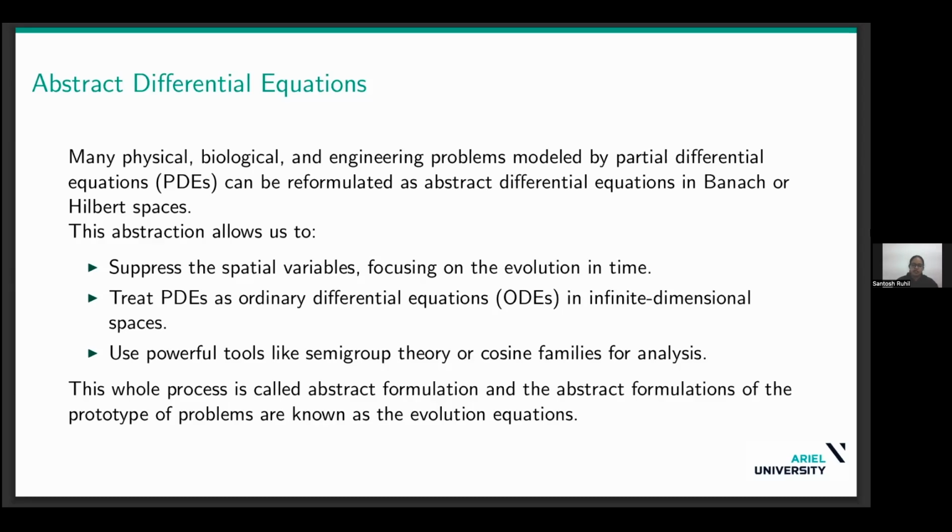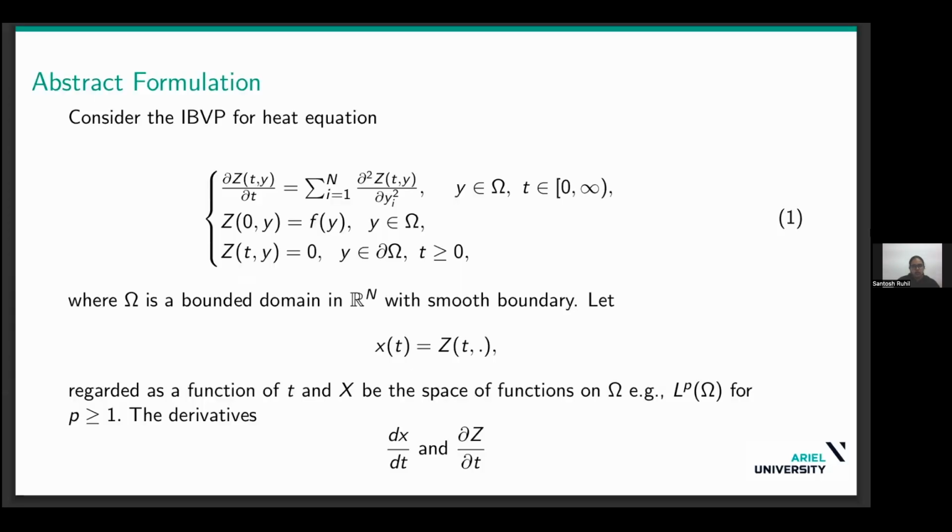This whole process is called the abstract formulation, and the prototype of the problems that we get after doing this abstract formulation are known as evolution equations. So, for example, let us consider an initial boundary value problem for the heat equation, which is given by this system 1 here, where Omega is a bounded domain in R^n with a smooth boundary. Let us denote x(t) as z(t, ·), and X be the space of functions on Omega, for example L^p(Omega).